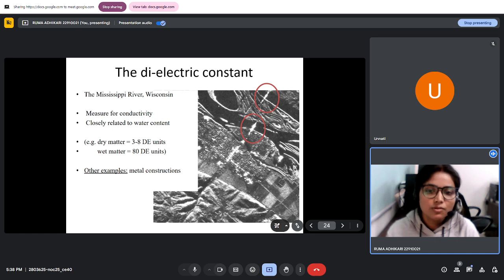But if you recall the SAR, the antenna is moving from one point to another, towards the azimuth direction. So it misses that received signal, because it is not scattering the signal everywhere.